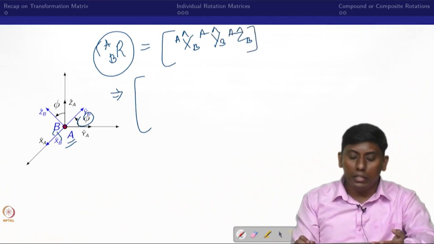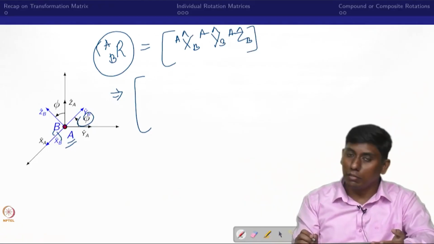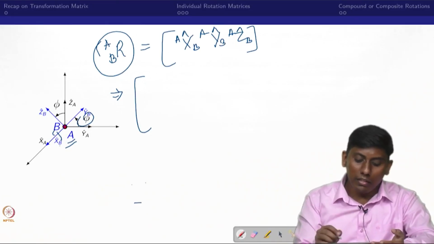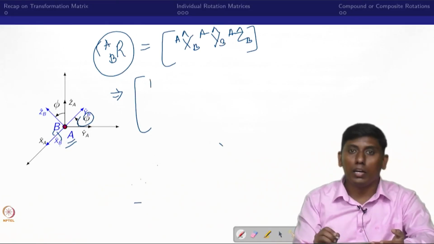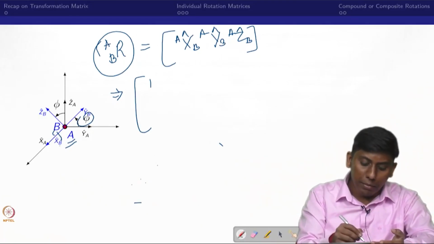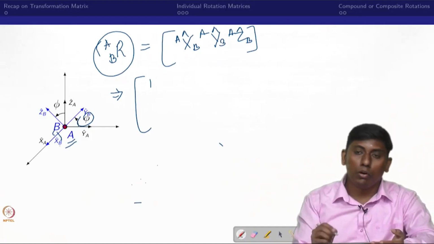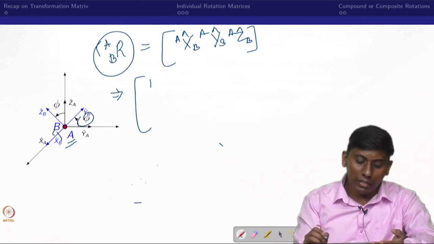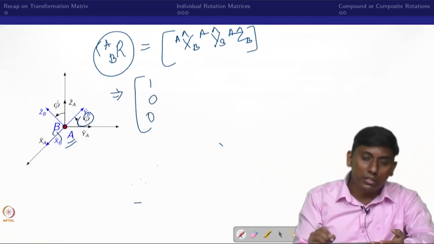This is the simple direction cosine, or what we call the dot product. So xb projected on xa would give 1 because both coincide. Then xb cannot be projected on ya or za because it is parallel with xa, so that projection would be 0.